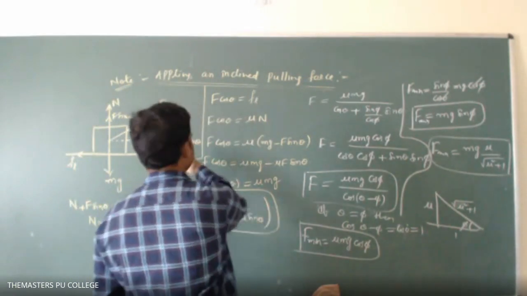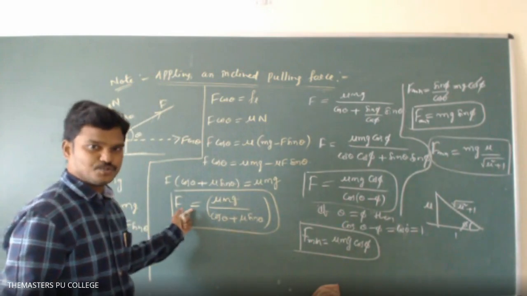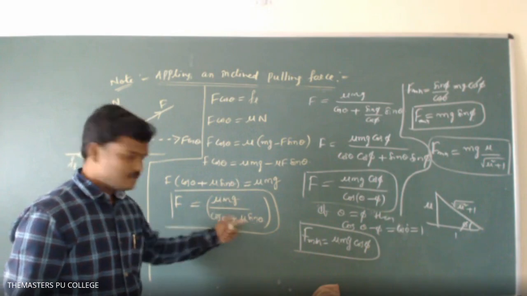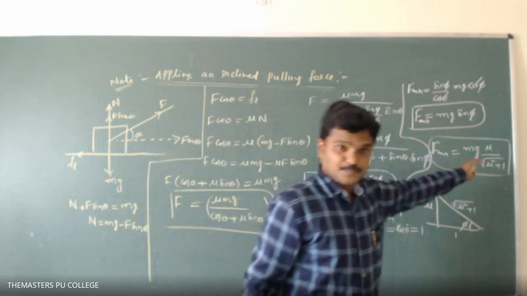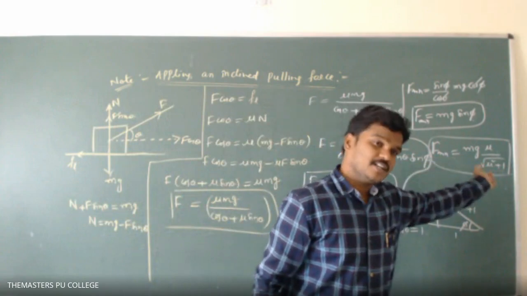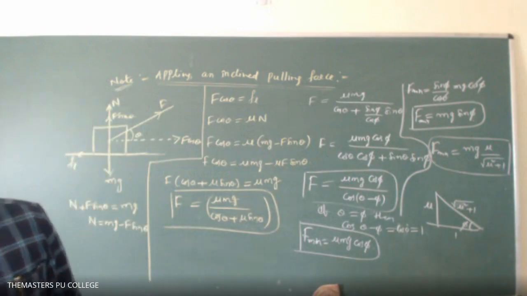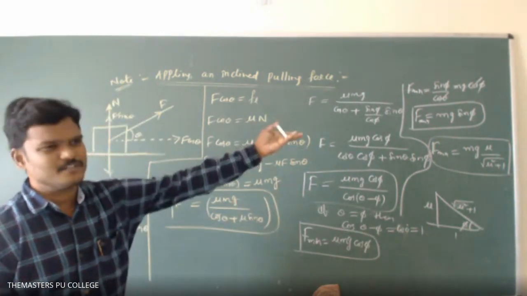If theta and phi are given, this is sufficient. If phi and mu are given, we can use this. So this formula is helpful when mu and theta are given. Tell me, what are the given conditions? When mass and mu are given, you can go for the final formula.